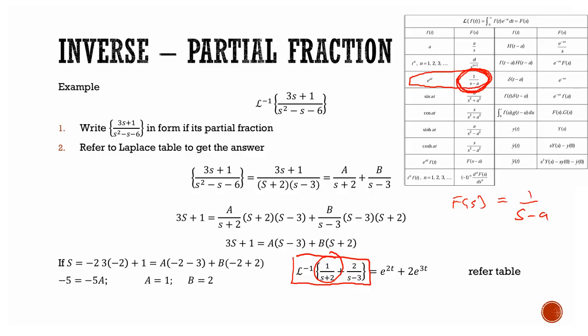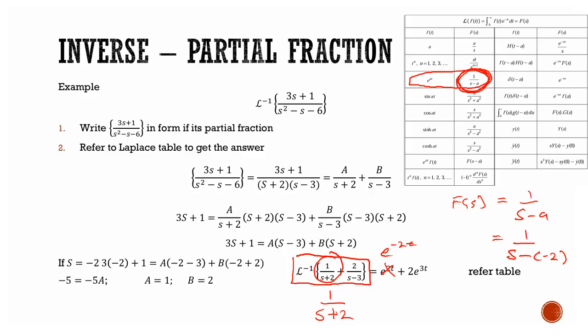What we have is 1 over (s plus 2), so this can be written as 1 over (s minus negative 2). Hence, instead of e^2t, it should be e^-2t.